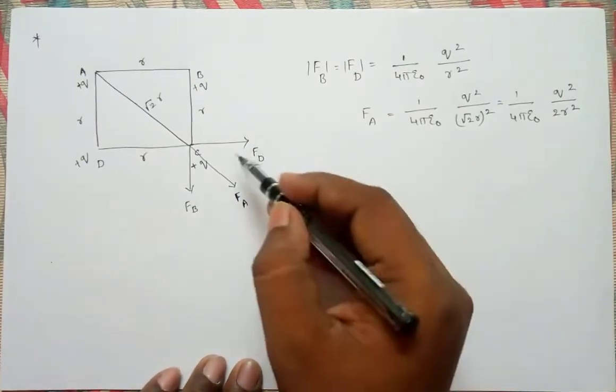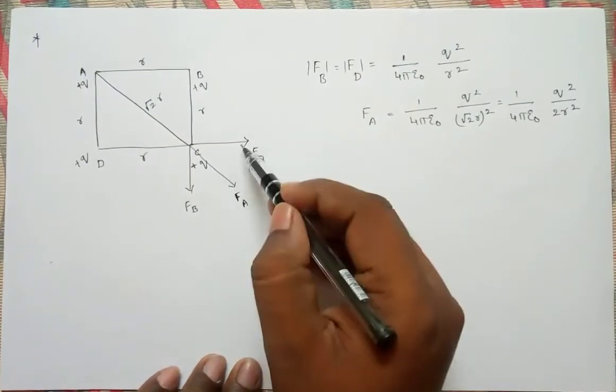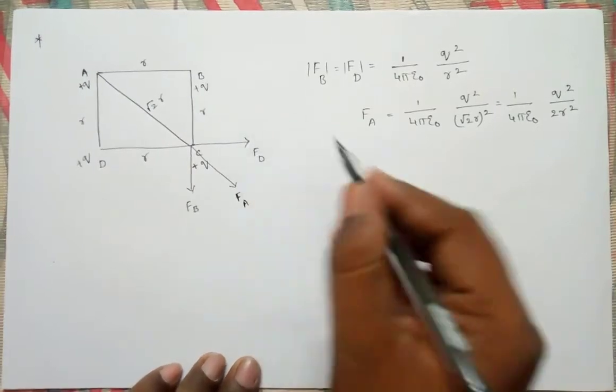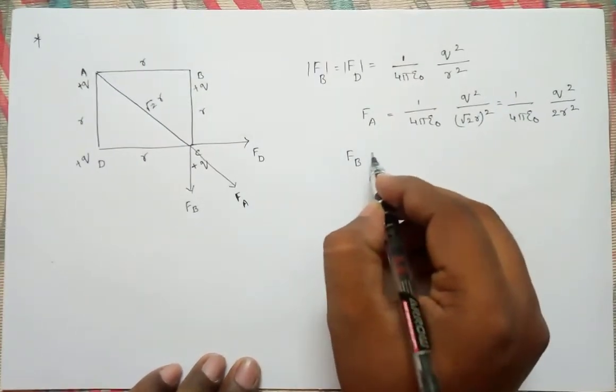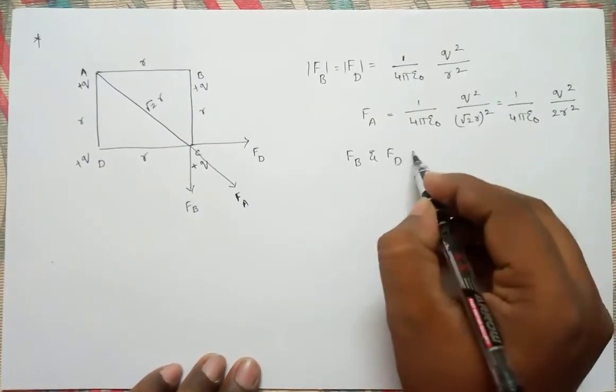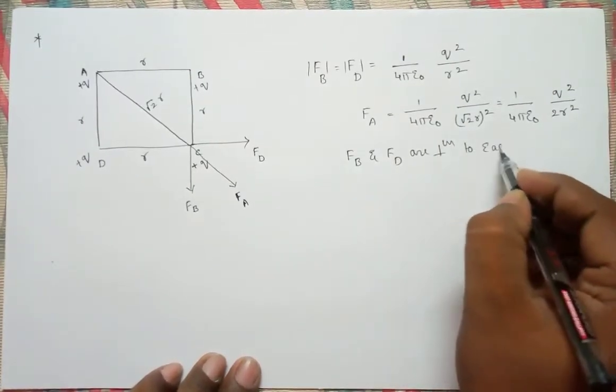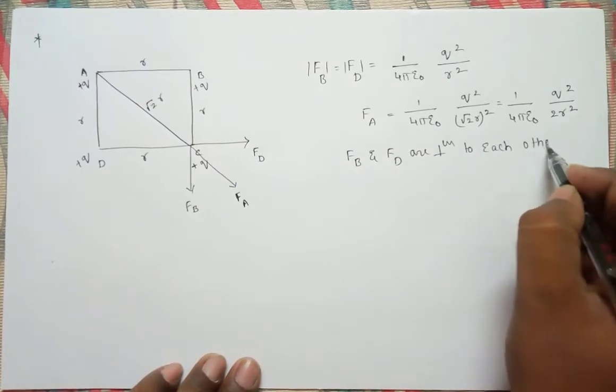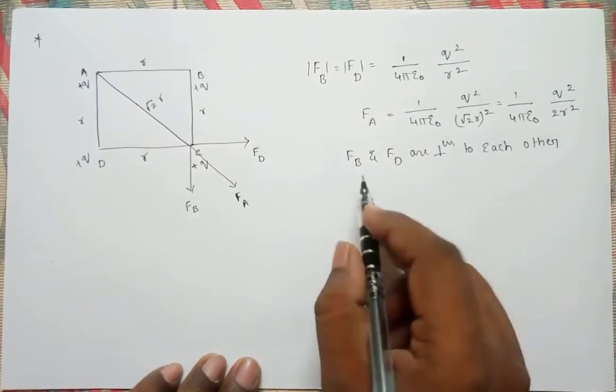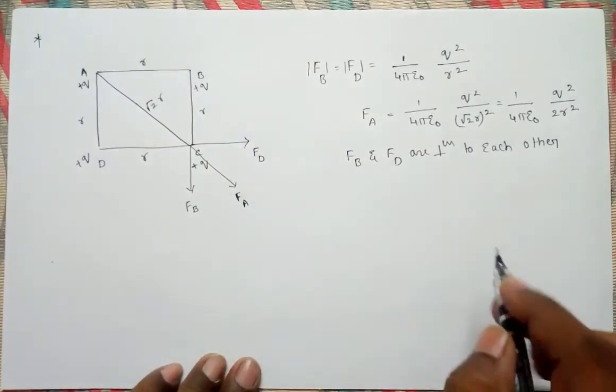Next, if you observe FB and FD, they are mutually perpendicular to each other. So if two vectors are perpendicular to each other, the resultant is along the diagonal.